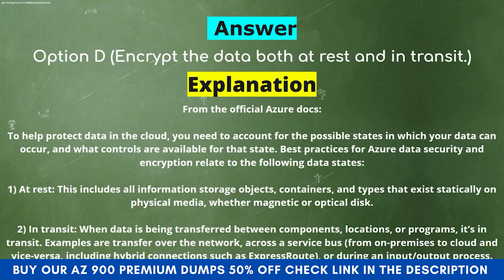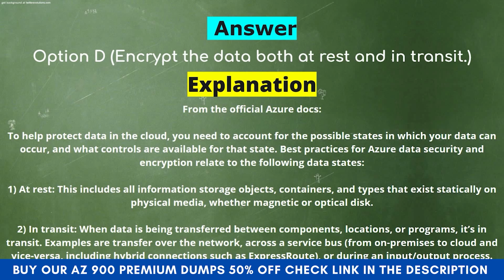To help protect data in the cloud, you need to account for the possible states in which your data can occur and what controls are available for that state. Best practices for Azure data security and encryption relate to the following data states. Number 1. At rest. This includes all information storage objects, containers, and types that exist statically on physical media, whether magnetic or optical disk.